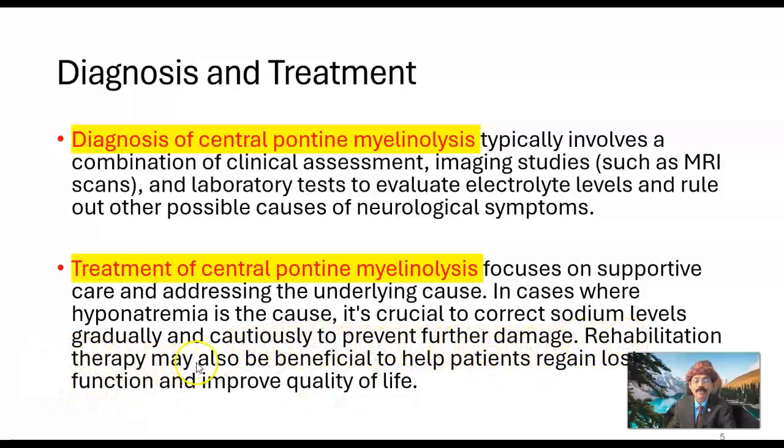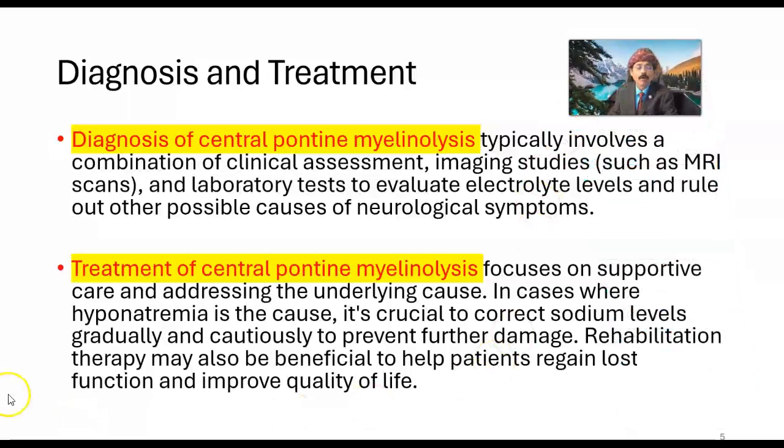Rehabilitation therapy may also be beneficial to help patients regain lost function and improve quality of life. So there is a possibility of regaining lost function and improving quality of life by rehabilitation therapy.